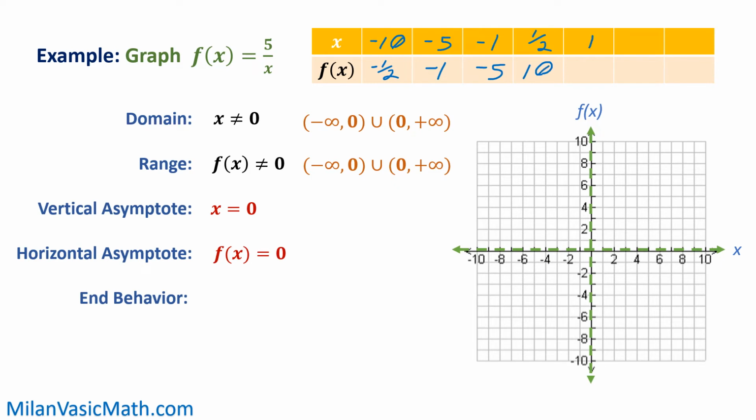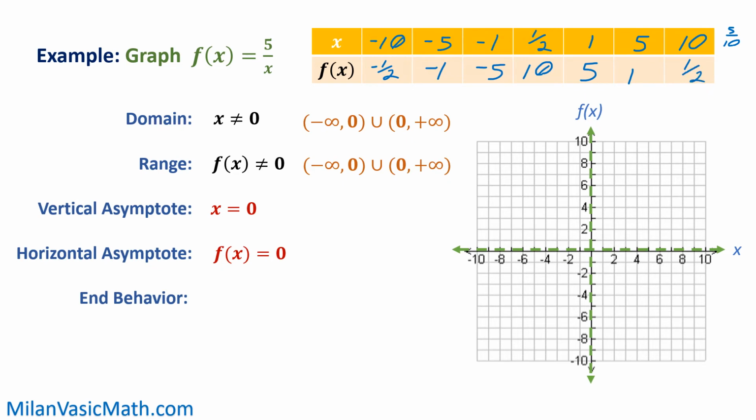And 5 divided by 1 is 5. 5 divided by 5 is 1. And if I substitute 10, it would look like this. This is the work that I'm not showing. And that would simplify to 1/2.